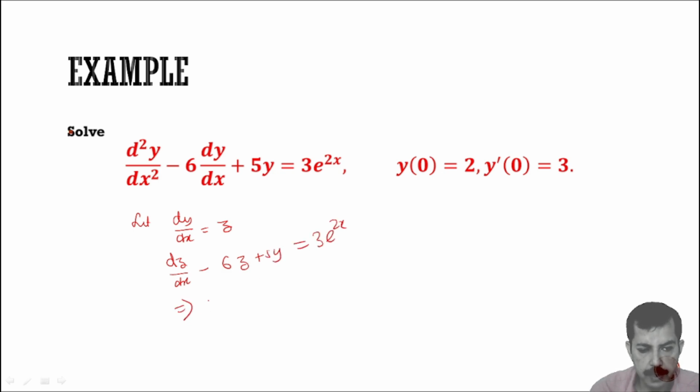So this implies dz dx is equal to 3 e to the power 2x plus 6z minus 5y.